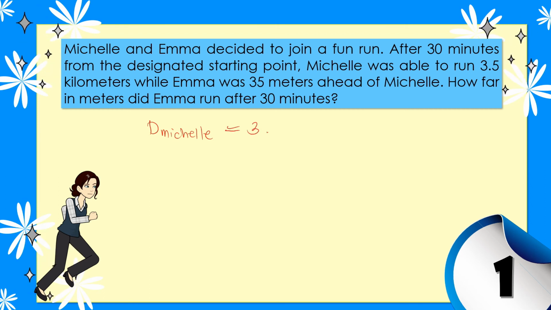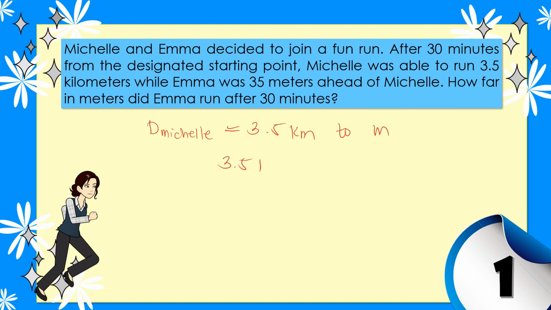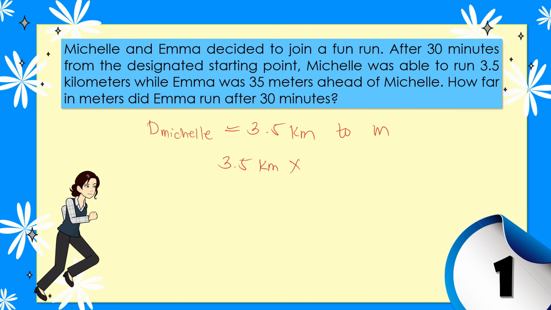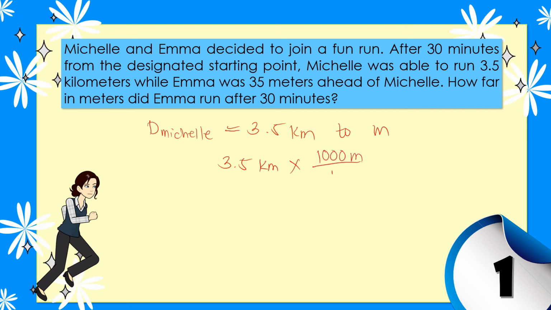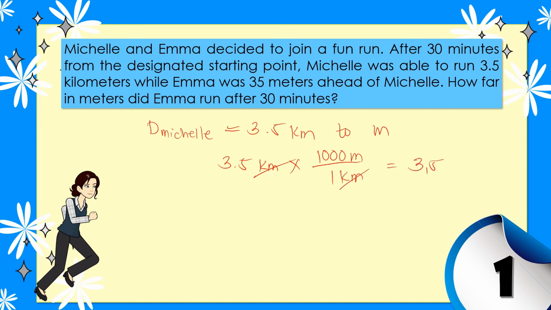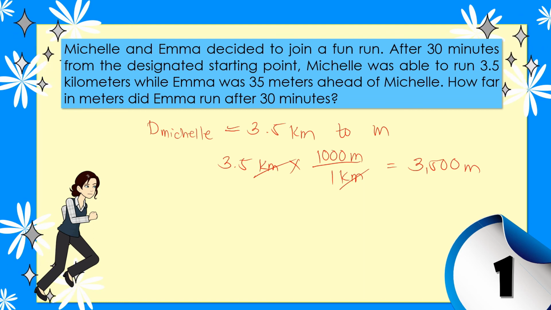So, that would be 3.5 kilometers papunta sa meter. So, that would be multiplying 3.5 kilometers by 1,000 meters. For every 1 kilometer, there is exactly 1,000 meters. So, 3.5 times 1,000 is 3,500 meters. Yun yung distance na na-travel ni Michelle in meters.